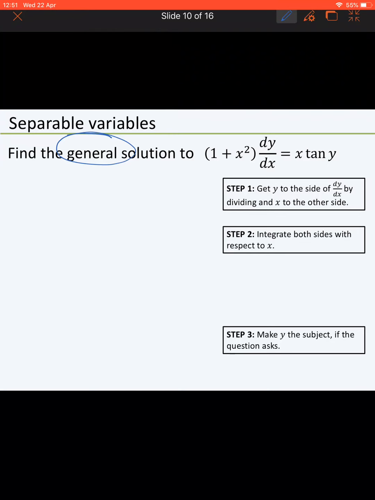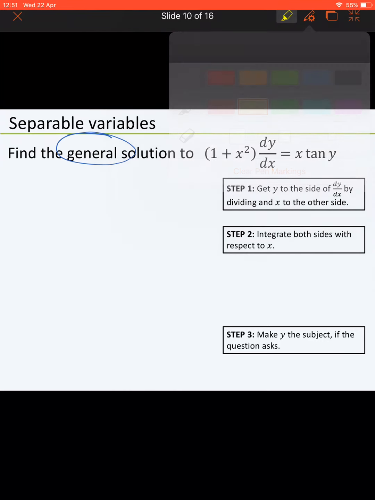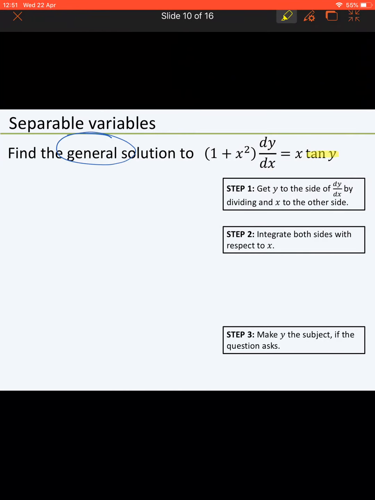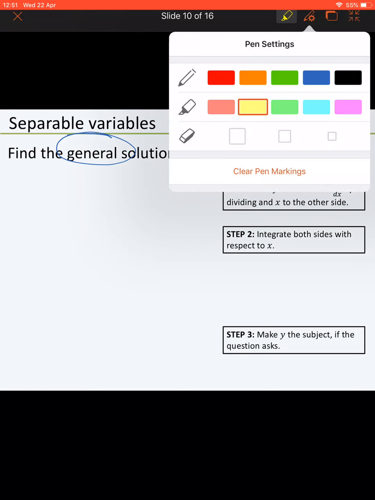So what we're going to do to start with is we have our question over here on the right hand side. We're going to follow our process of separate, integrate, okay? So what I would like to do is get all of the y terms, that one and that one, together on the left hand side, and then everything else together on the right hand side.